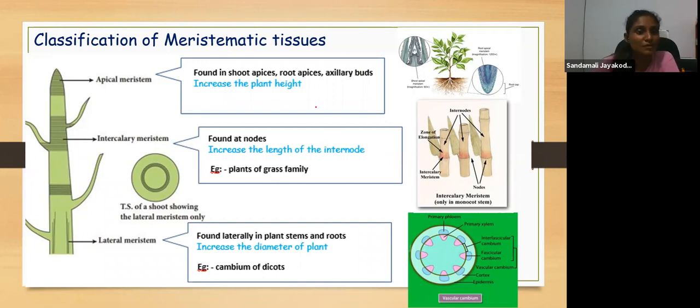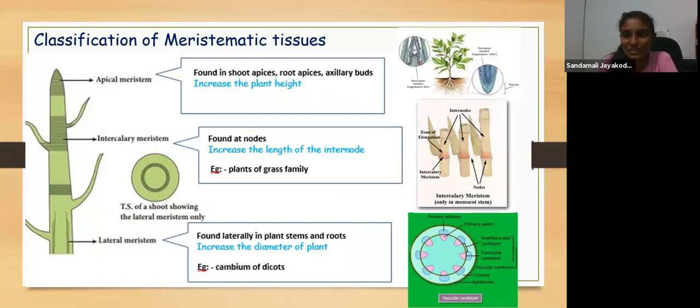The apical meristem can be found at the tip of the roots, at the tip of the shoot, or in axillary buds. The function of this apical meristem is to increase the plant in height, or to increase the length of the root, or the length of the axillary bud. It increases the length of that particular part.